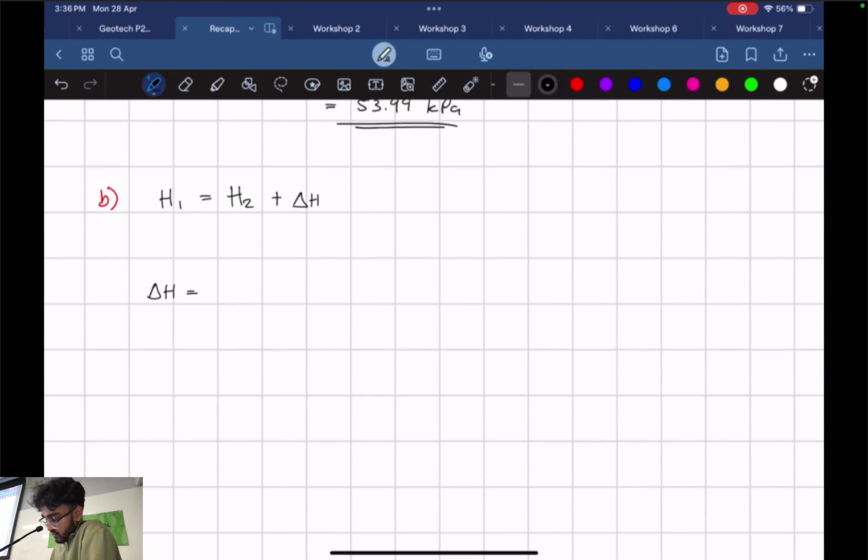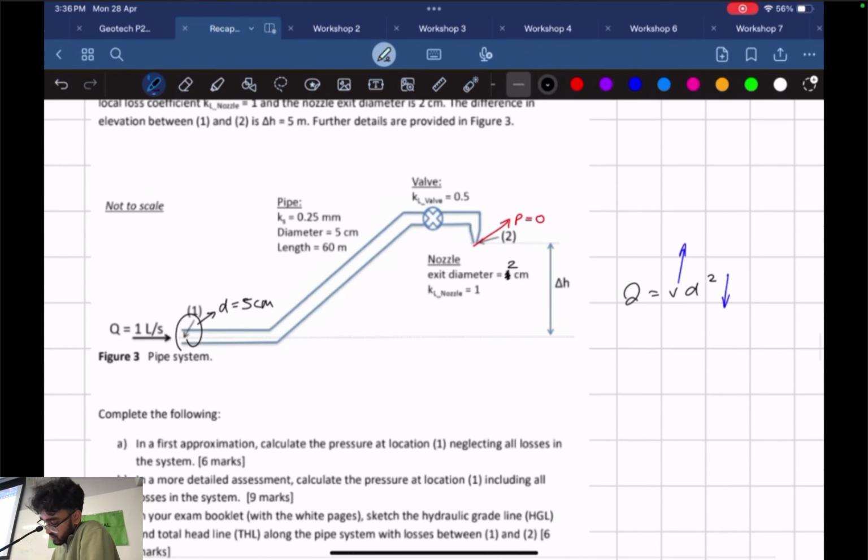We've got to account for the 3 bends. We've got to account for the valve. We've got to account for the exit. What else do we have to account for? So we've got the bends, exit, and also friction.